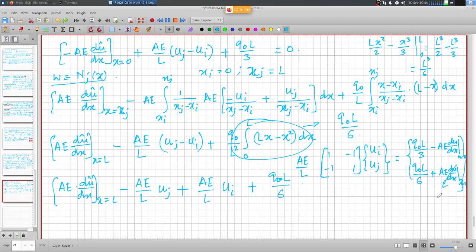Now this is equal to Q, the boundary condition, isn't it?